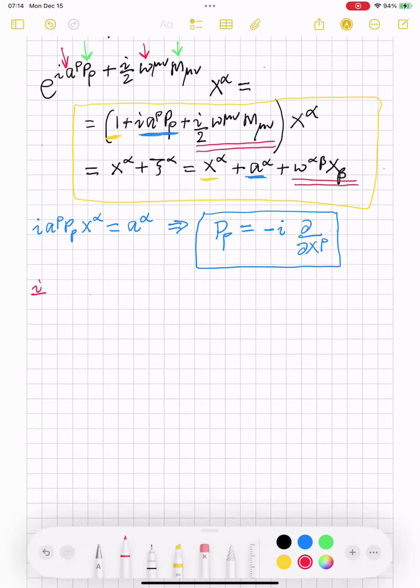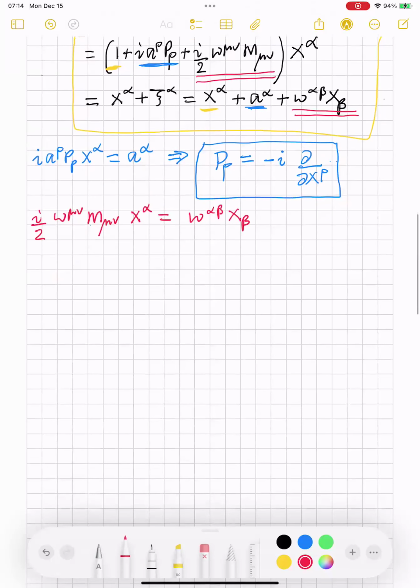So i over 2 omega mu nu M mu nu acting on x alpha has to be equal to omega alpha beta x beta. So these are the terms that we're equating. What I want you to do now is pause the video, try to work out what M mu nu is, and only unpause when you've got an answer.